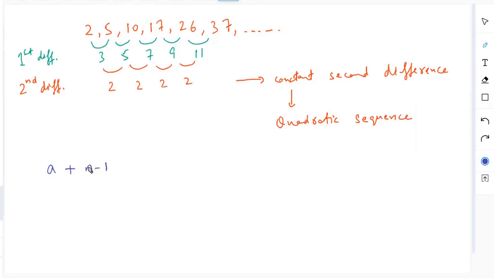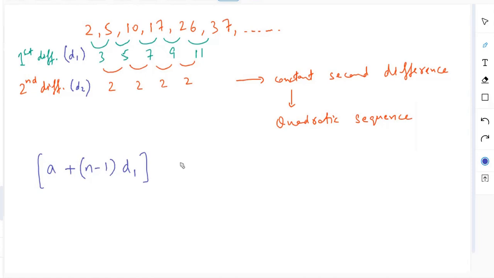The same thing we apply first here: n minus 1 into d. But which difference? We've got two types of differences here. The first difference, which we call d1, and the second difference, which we call d2. Up to d1, it's the same thing as the arithmetic sequence, the same formula we use for arithmetic sequences.